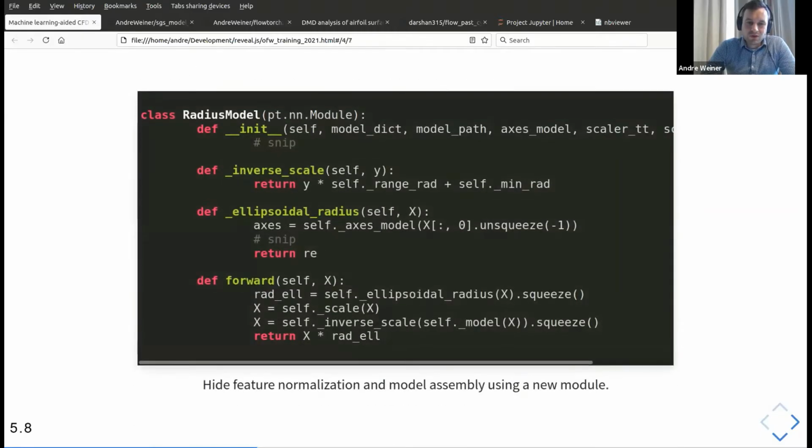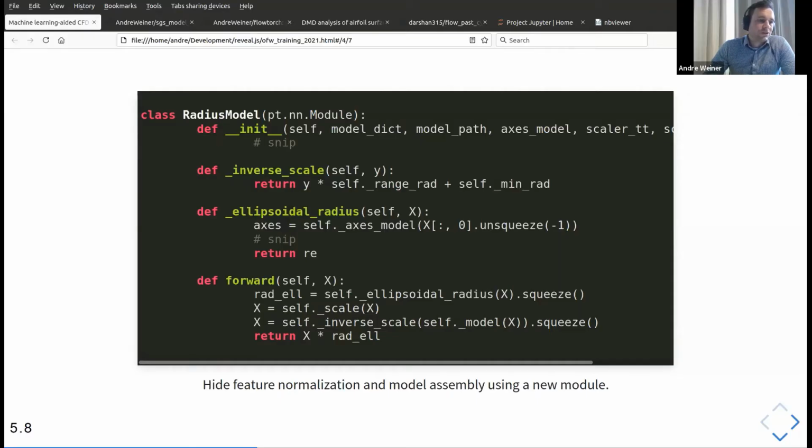To give you a small feeling how this looks like, I think there was a question: is the ML model trained on many simulations with different operational conditions? No, that's not the case. We performed a small parameter study with different Reynolds numbers, and I created separate models for each individual simulation.